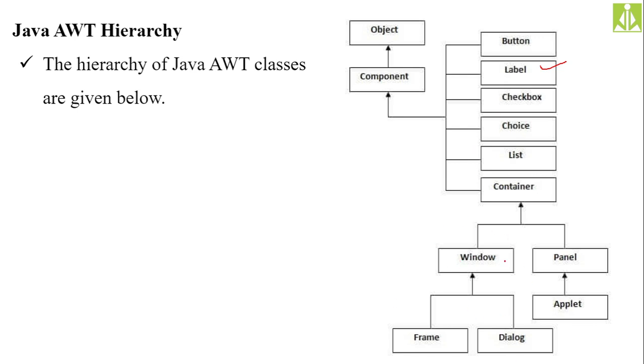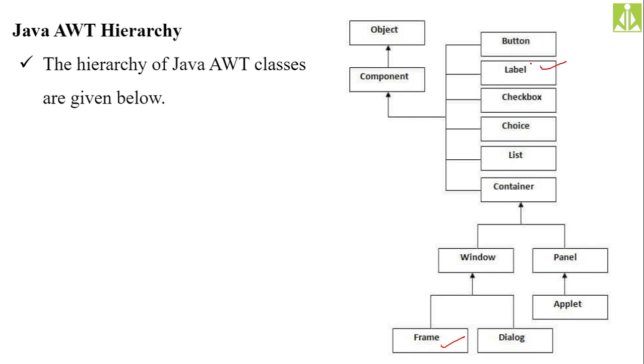That instance you need to add to any of these containers. So your window, your frame, your dialog, panel, applet, all these are our containers. They hold these components, these interactive components, we can say. So basically whenever we are writing a GUI, we will not go for window, panel, dialog, or applet. We mostly use this frame. So as a container we create a frame.